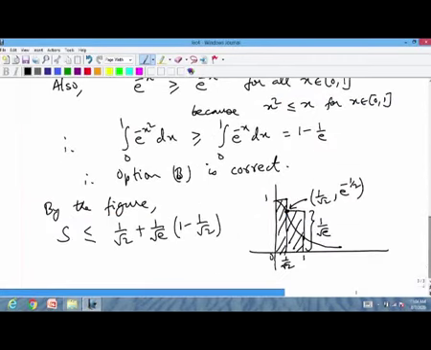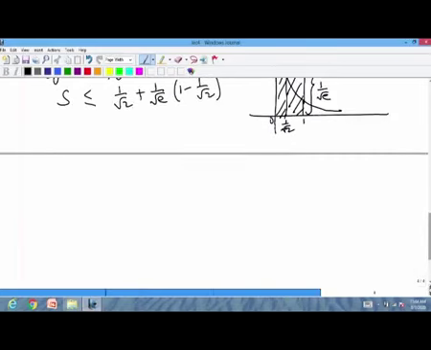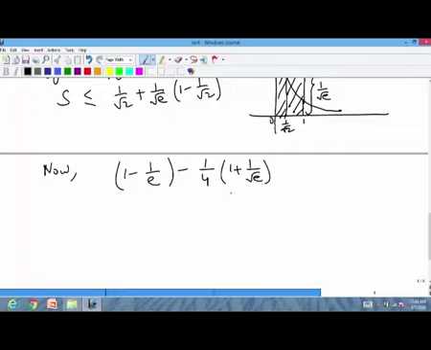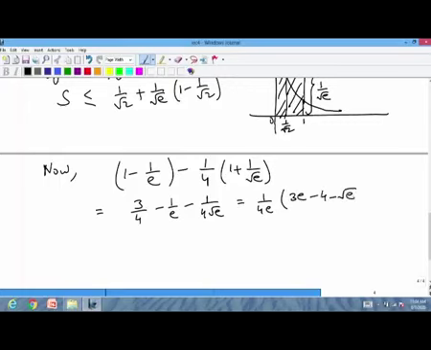If we see 1 minus 1 by e minus 1 by 4 times 1 plus 1 by square root of e, this is in option C. So, this is equal to 1 minus 1 by 4, that is 3 by 4, minus 1 by e minus 1 by 4 square root of e, which is equal to 1 by 4e times 3e minus 4 minus square root of e.